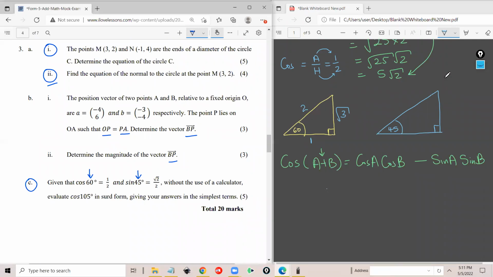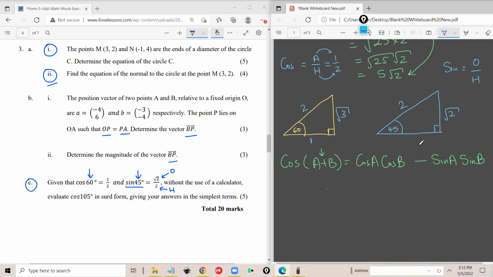Sine 45. Well, let's go back to the most basic formula for sine. Sine is what? Opposite over hypotenuse. And they are saying what? For sine 45, the opposite is this, and the hypotenuse is this. So if here's the 45, the opposite is the square root of 2, and the hypotenuse itself is 2.